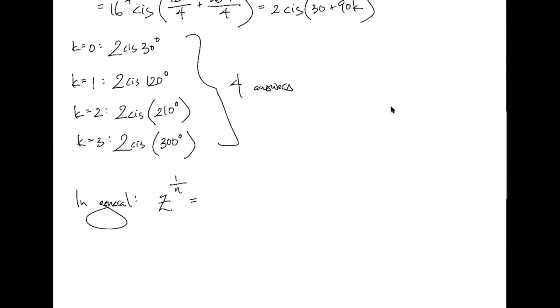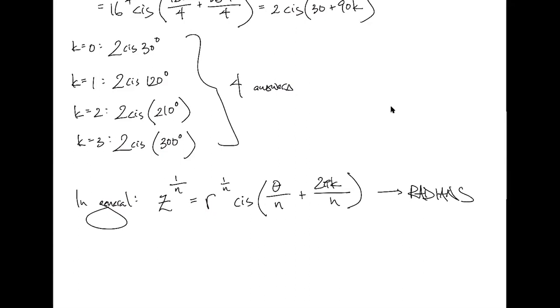And the formula we can use is we take the distance and raise it to the same power. And then we have cis of our angle divided by n plus 2 pi k over n. So this is for the radians.